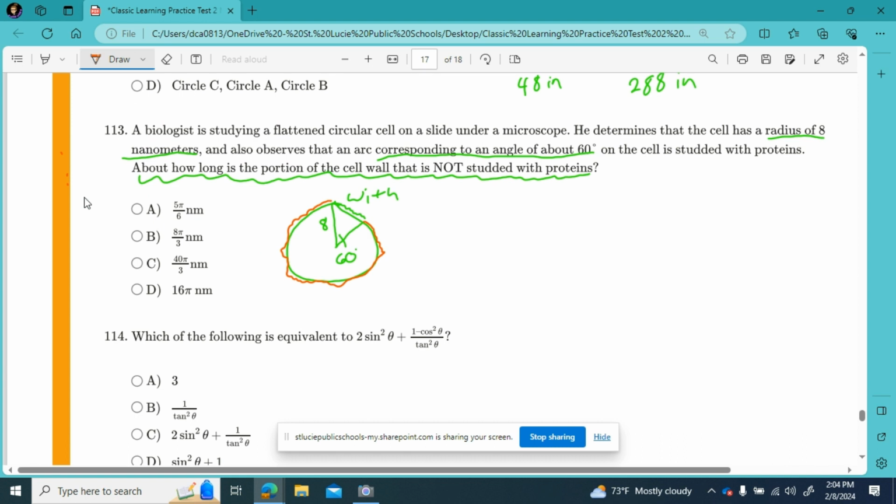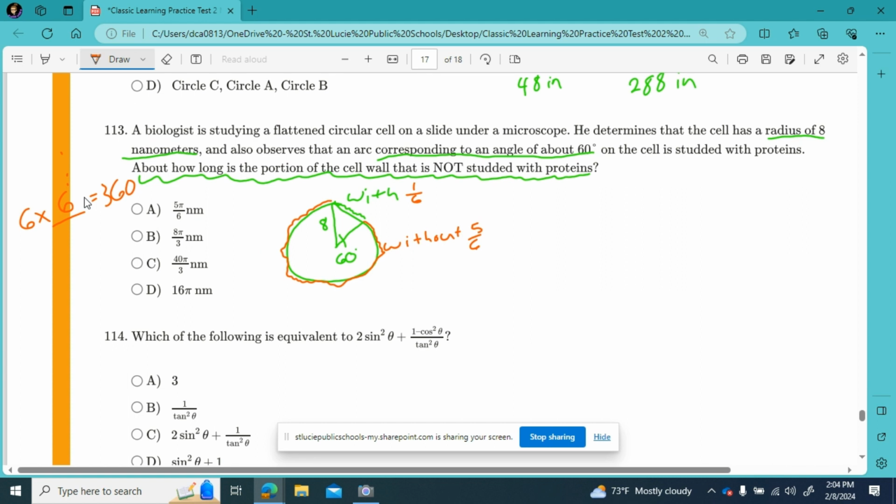If you have a 60-degree angle, how many 60-degree angles could you fit inside of a circle? Well, 6 times how much equals 360? That would be 6 times 6. So this section is 1/6, and the part of our circumference without the proteins is 5/6 of our circle.